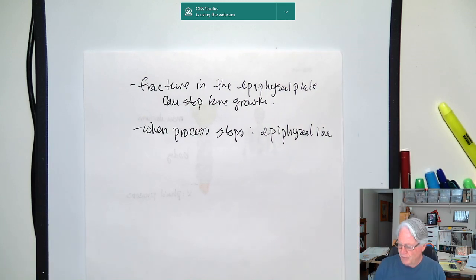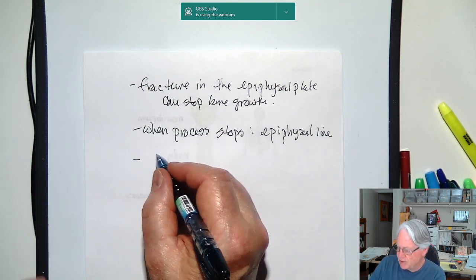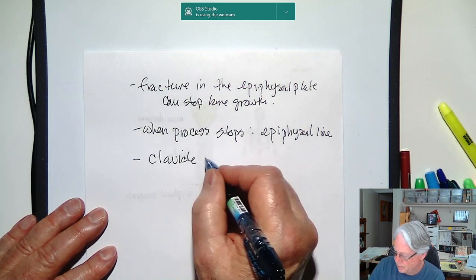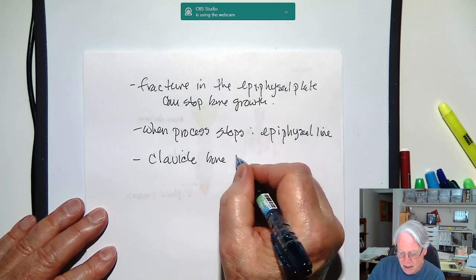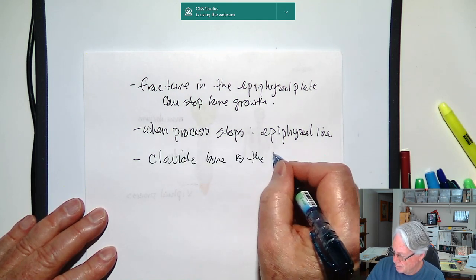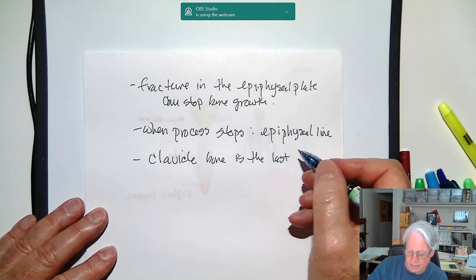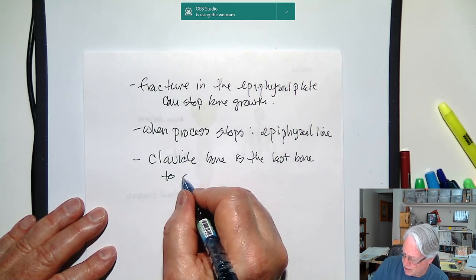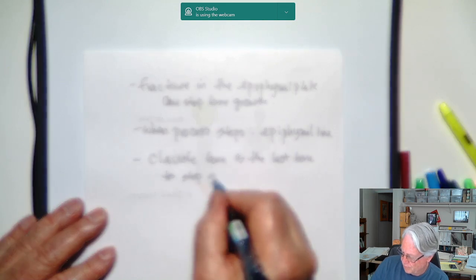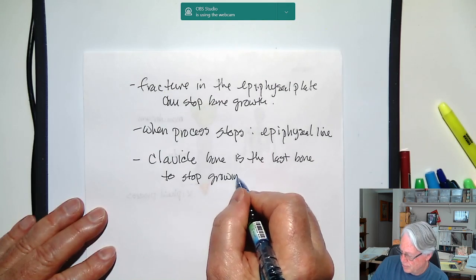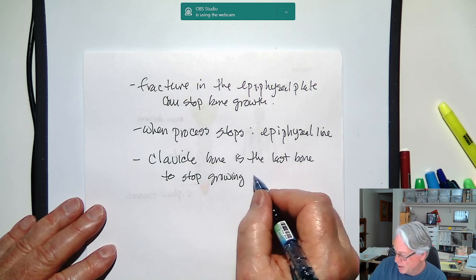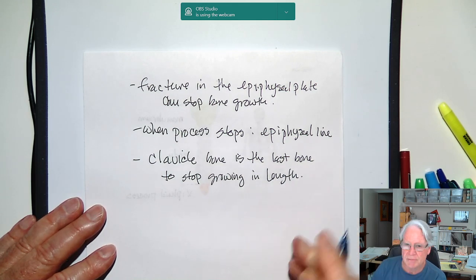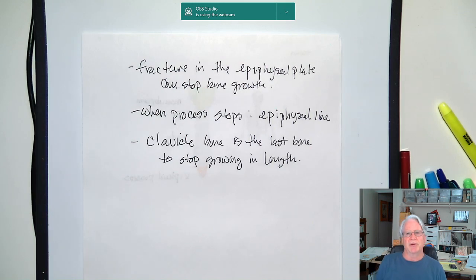Okay. And finally, the last bit of information is that the clavicle bone is the last bone to stop growing in length. Okay. The last bone to stop growing in length.